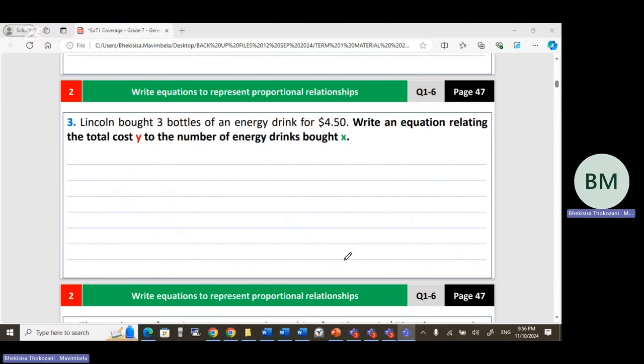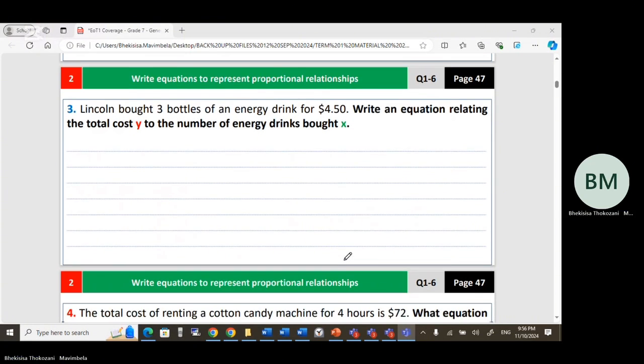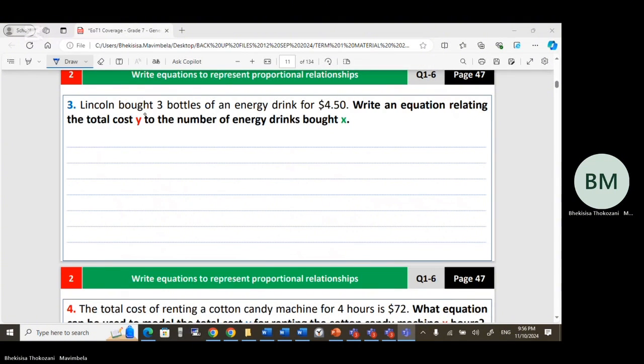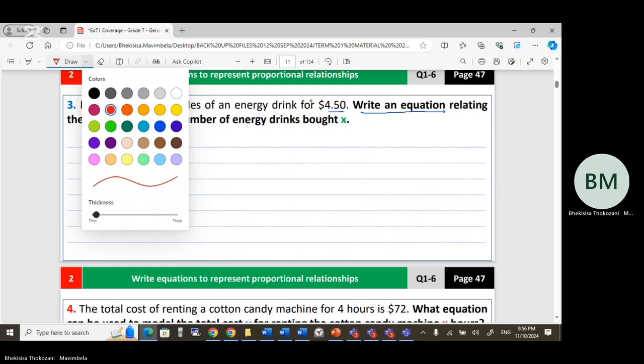Now we have another set of questions like these, which are also interesting. Here it says Lincoln bought 3 bottles of energy drinks for 450. Now, in this question, they wanted to write an equation. So the equation is not written for us here.